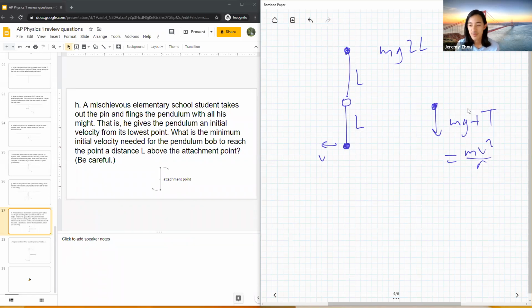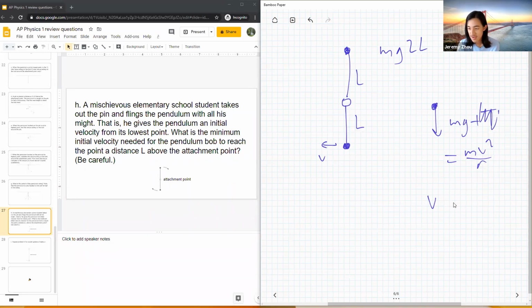So the minimum T is 0. We want the minimum v at the top in order to have the minimum v at the bottom. So we want T to be 0 so that this is as small as possible. Let's solve this.